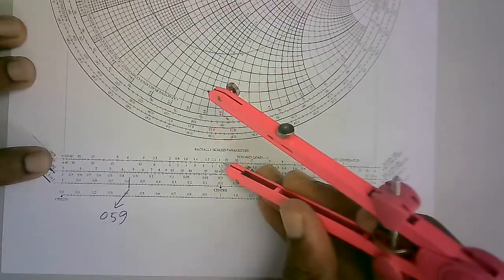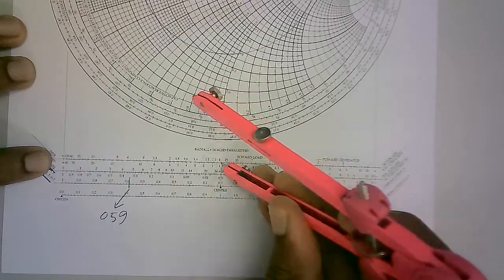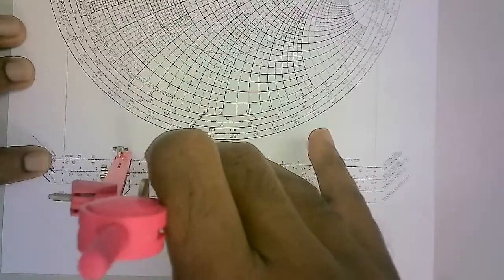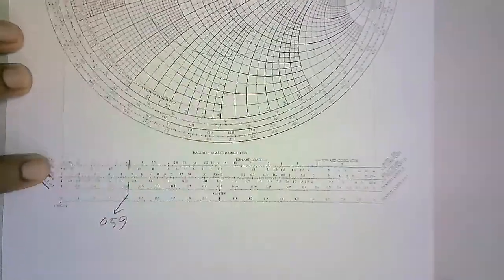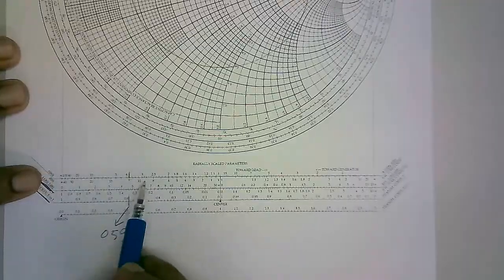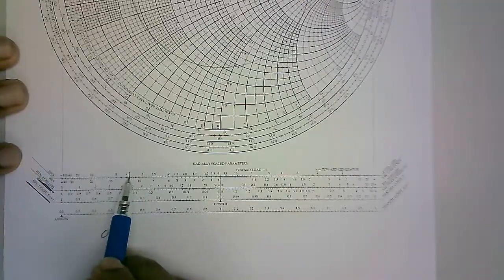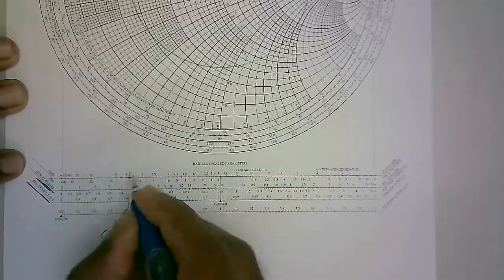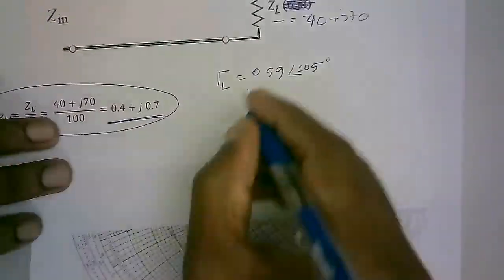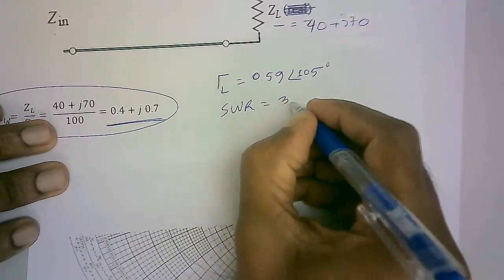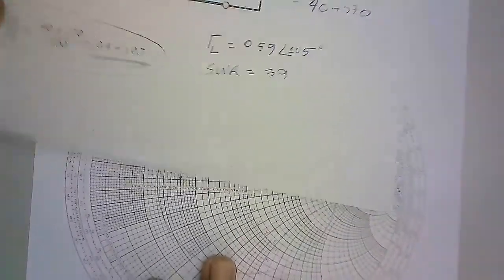We put it here and try to find. It is around 3 point something. SWR is, let's say, 3.9. So our SWR is 3.9.